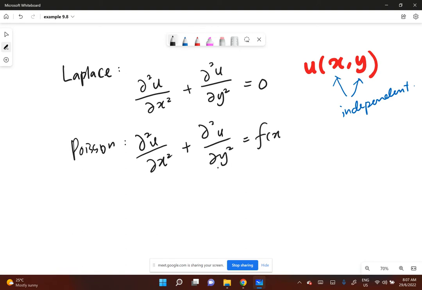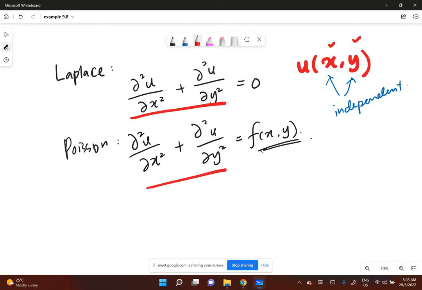It can have x inside or maybe not. It can be x squared plus 2y plus 4, any function. The left hand side is the same, so both x and y are independent variables.